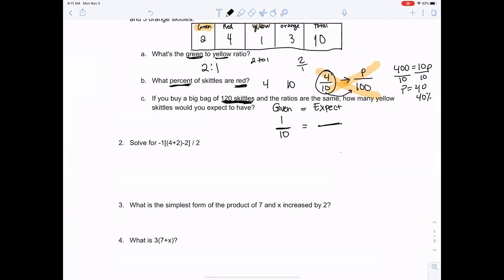I have 1 yellow. How many yellow would I expect for 120? Remember, these two should align and these two should align. So this one on the bottom is total for fun size. This is total for big bag.